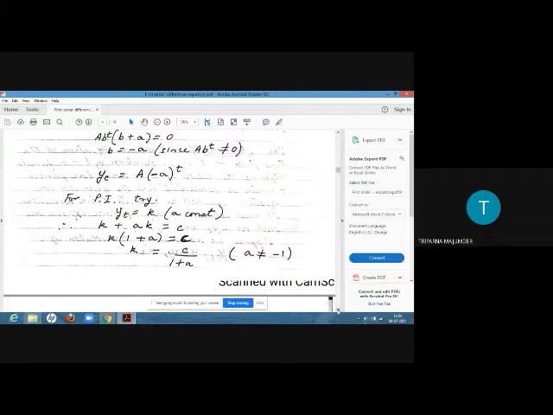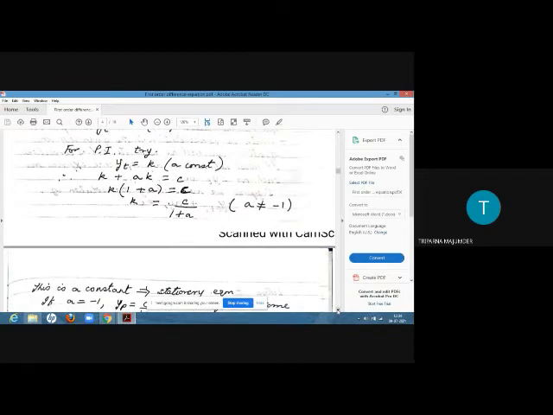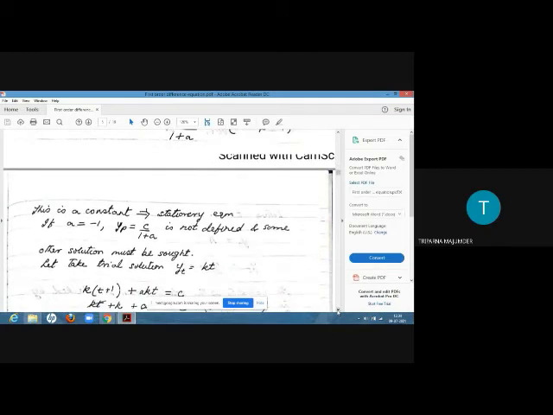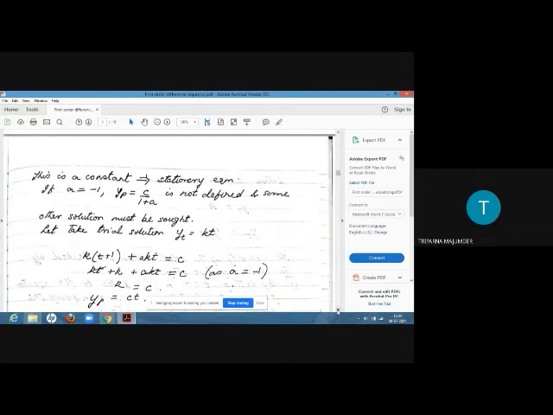Now, what will we take as trial solution if a is equal to minus 1? We will take it to be kt. So we substitute kt in the equation to get the value of k as c, because a is equal to minus 1 and these two terms get cancelled out. So we have k is equal to c.